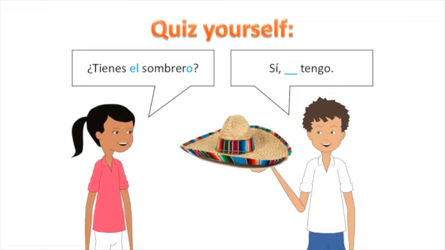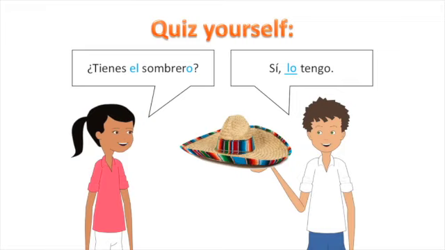So I'm going to replace el sombrero with lo. Notice, in this case, you have to say, sí, lo tengo. You cannot, under any circumstances, ever, say sí, tengo lo. Never, ever. That's bad news bears.